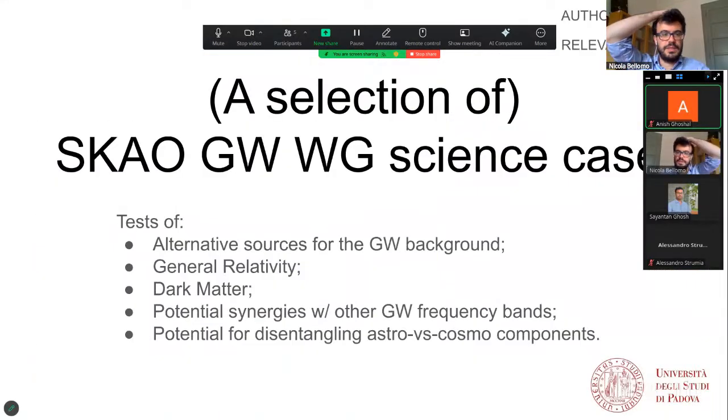So in the following, I'll comment on just a small selection of science cases. In the slides, on the top right corner, you're going to find the names of the people working on these projects, and also the relevant papers that these authors have published.